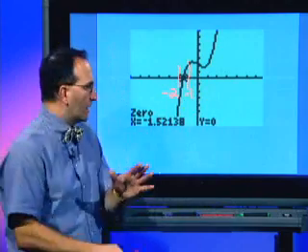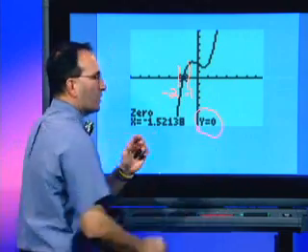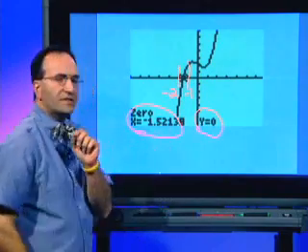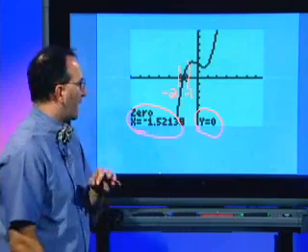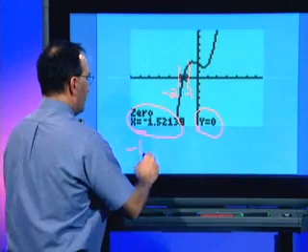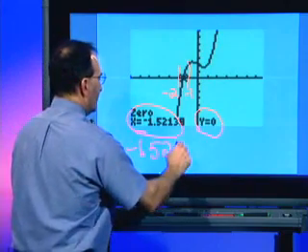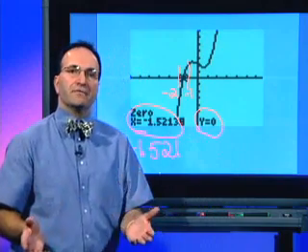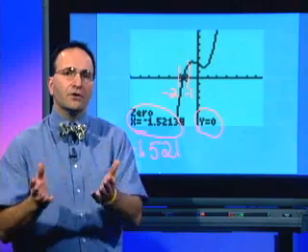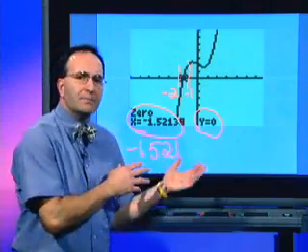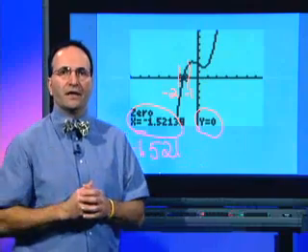And in particular, when we solve it, we see that x is equal to -1.521, rounded off to the 3 decimal places that we were given in our instructions. So with the combination of the intermediate value theorem and using the graphing calculator, you can find those values in between the endpoints of our interval.